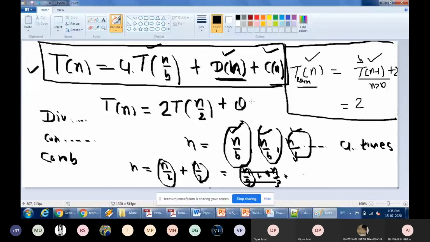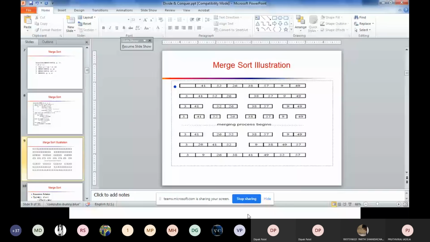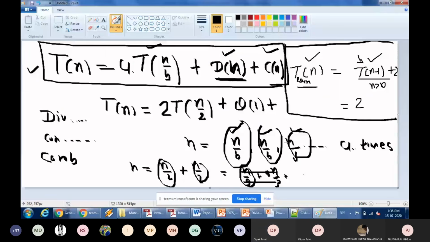Okay, so the division step has constant time complexity, theta of 1, plus this combine step to combine the solutions. So now let's have a look at that part.